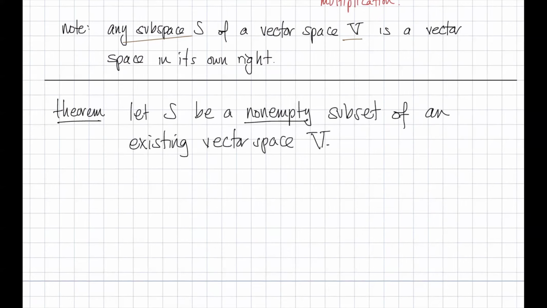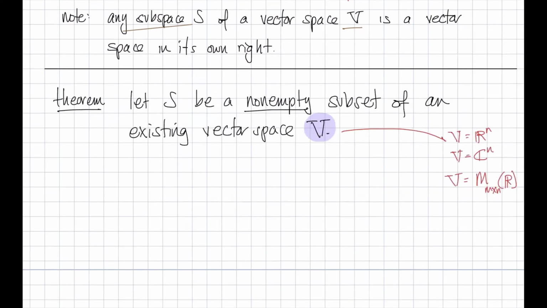So aside here, the other day I had a laundry list of possibilities, right? I said Rn is a vector space. Complex vectors is a vector space. Matrices with real entries, where the dimension is m by n, is a common vector space we're going to work with.